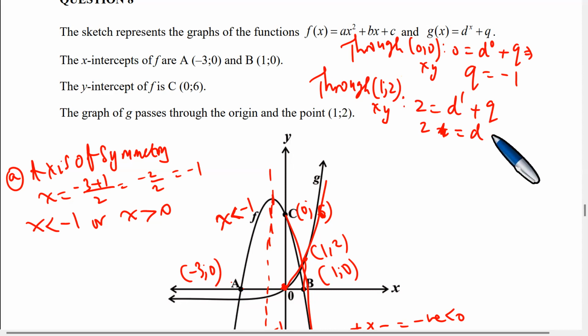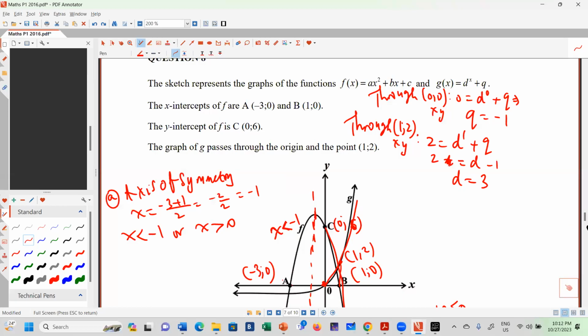You already have Q is minus 1, so D equals 3.